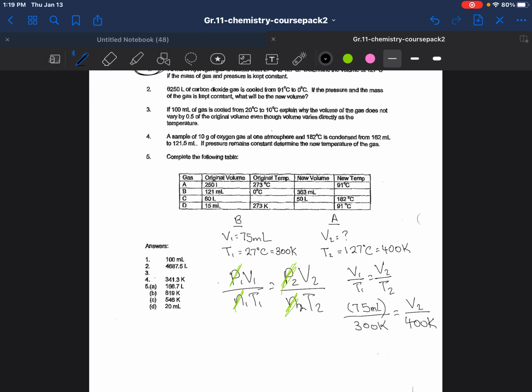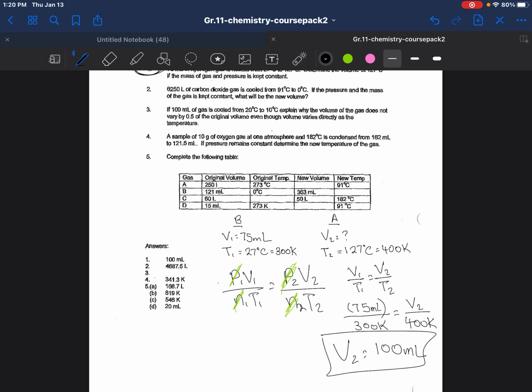And your final answer should be, let me do this very quickly. As you can see, like the last question, I did not change the volume to liters, because I'm going to keep my final volume in milliliters, which I kind of made a mistake of.